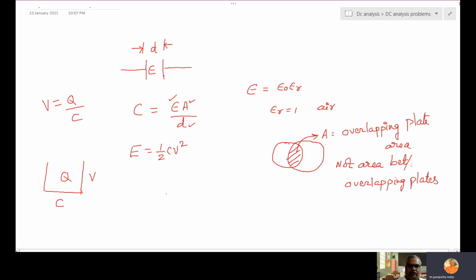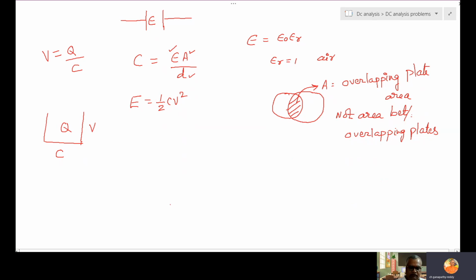So let us see how many ways we can change the value of capacitor. If capacitor is like this, and there is some dielectric material like this, here epsilon R1, here epsilon R2.